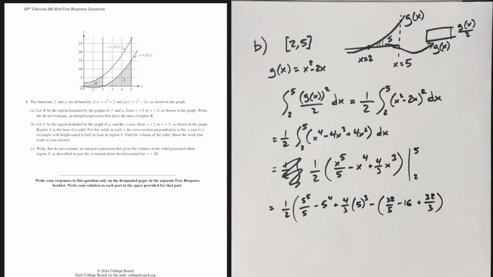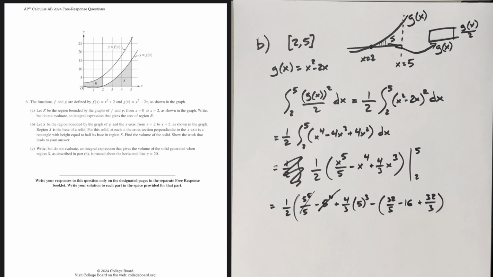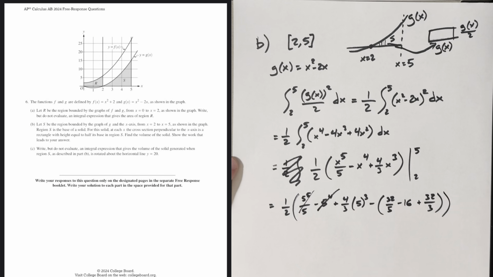Now, the one nice thing about this problem is this 5 to the 5th over 5 minus 5 to the 4th power. When I divide by 5, it's like reducing my exponent by 1. So this gives me 5 to the 4th minus 5 to the 4th. So those cancel out, which is like the only pretty thing about this question.